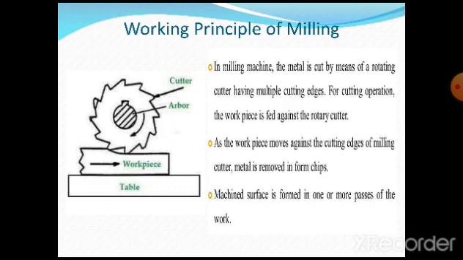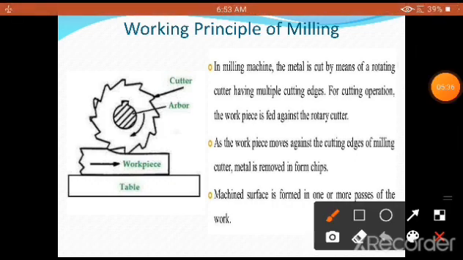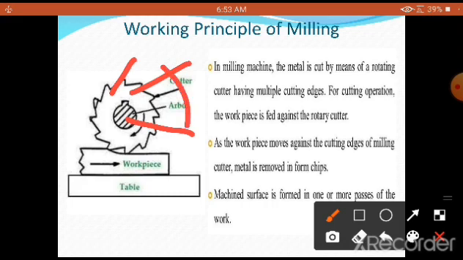So as you can see clearly here, you have a multi-point cutter, which is called a milling cutter, and this is called our arbor. Arbor means a shaft on which the cutter is fitted firmly, and it is made to rotate in the direction indicated here. Then the workpiece is fed in this way.